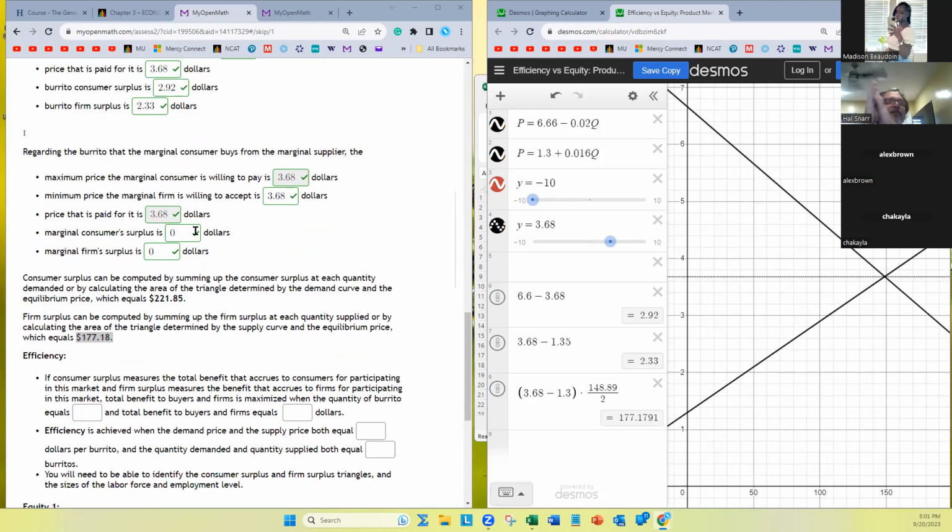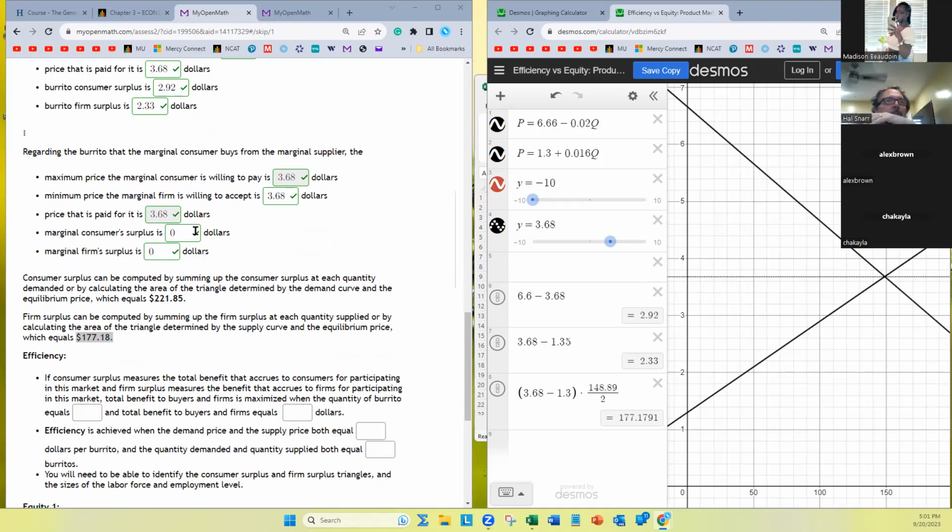Now, the efficiency argument is the argument that free market people tend to make. They say, let the free market work. If you let the free market work, the surplus or the gains in trade or the benefits to trade that accrue to the consumers and the firms are maximized.